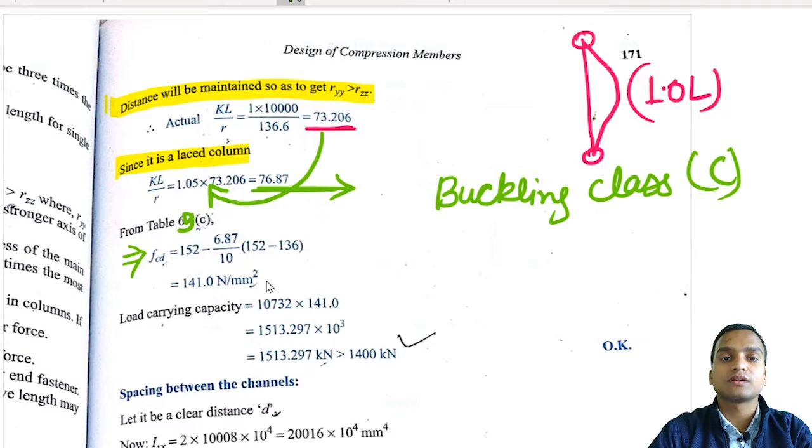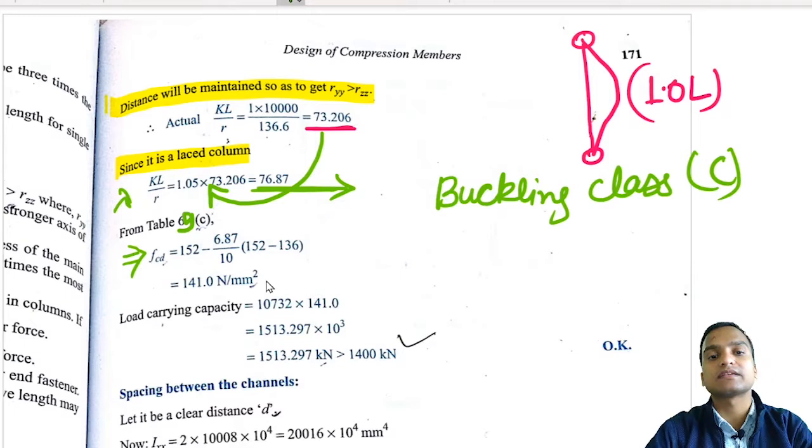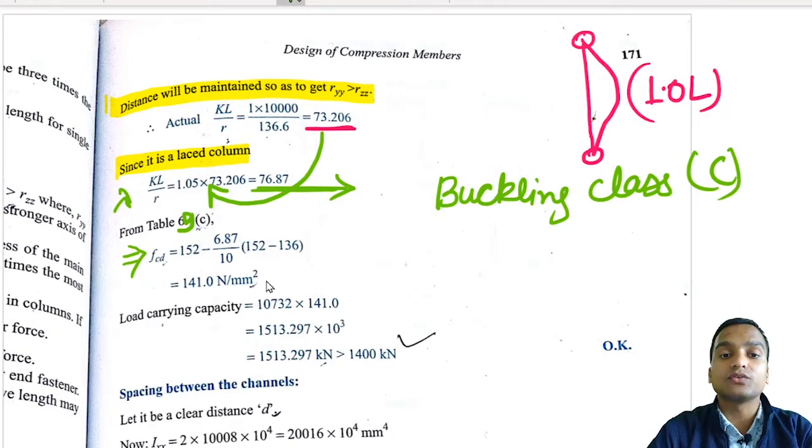So the KL by R value, lambda, is equal to 76.87, and you can get the FCD values for 70 and 80, and here Fy is equal to 250 megapascal as usual in the course.